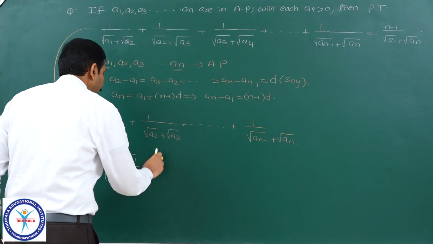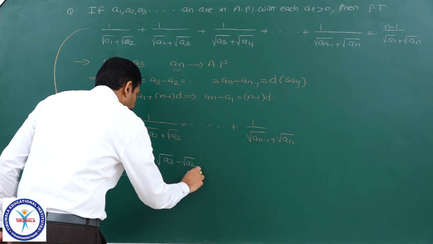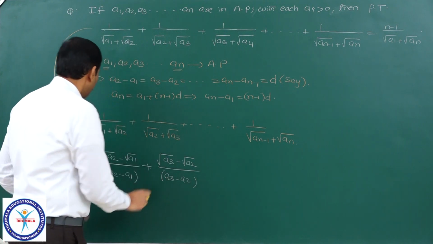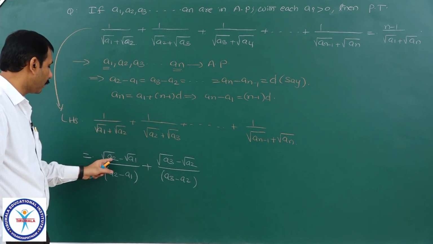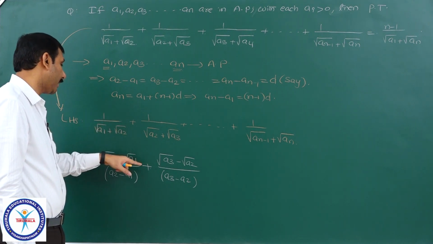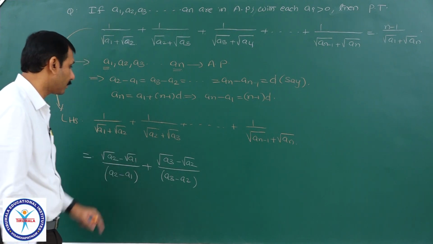Plus root a3 minus root a2 upon a3 minus a2. See, multiply and divide with root a2 minus root a1. Numerator root a2 minus root a1, denominator root a2 minus root a1 into root a2 plus root a1, which is a2 minus a1. Hope you understood.